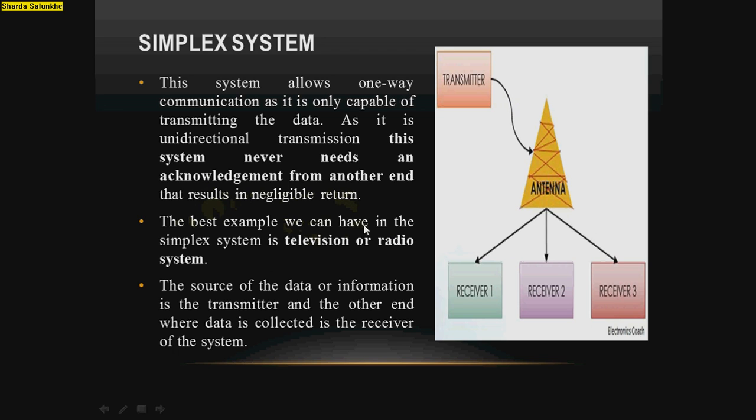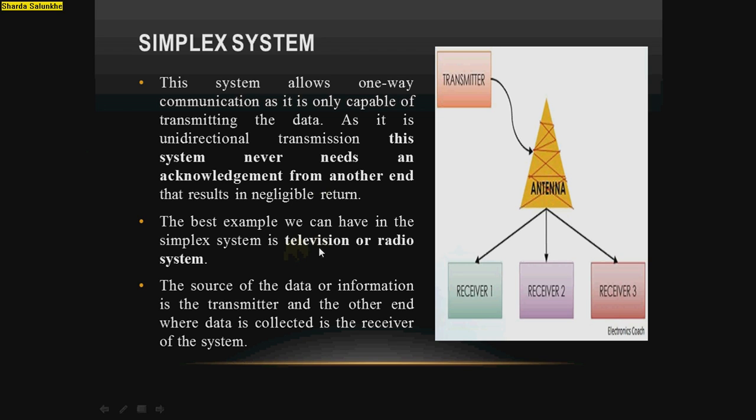The best example of the simplex system is the television or radio system, where television transmits the information to different customers or receivers. In the same way, the radio system transmits channel information to different customers. The source of the data or information is the transmitter, and the other end where the data is collected is the receiver of the system.